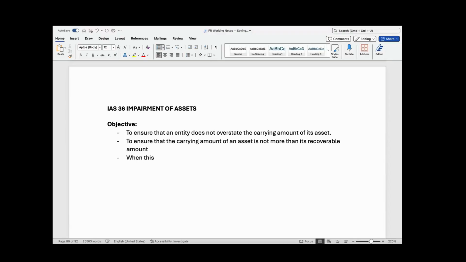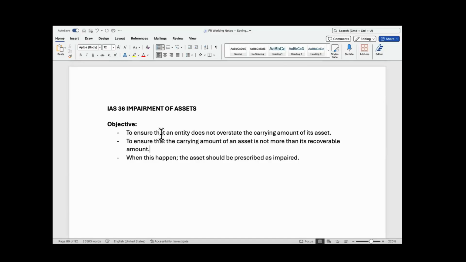When this happens, the asset should be described as impaired. So if the carrying amount is higher than the recoverable amount, then you should describe the asset as impaired. That's the objective.